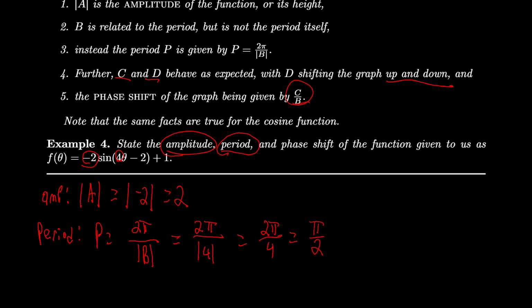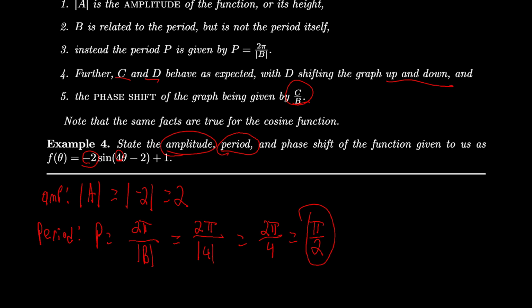So the period is pi over 2, which means that this sine function does its entire business. It goes all the way up to 1, all the way back down to negative 1, and returns to 0. And it does all of that in the space of pi over 2. And then it begins repeating itself over and over and over, which must mean that this is a fast sine wave. It goes up and down real quick. And we'll look at some of these in Desmos in class as well, on a slider. There's a cool little thing that I have for us to do with that.